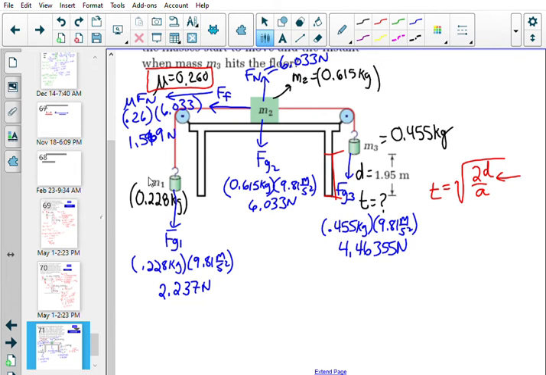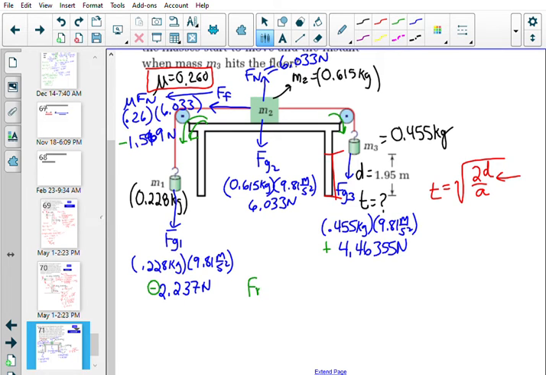Fg1 is trying to make the pulley go that way, so this is a negative. Ff is also trying to make the pulley move that way, so it's a negative. Fg3 is trying to make the pulley go this way, so it's a positive. And those 3 forces are the only forces pulling on the rope.